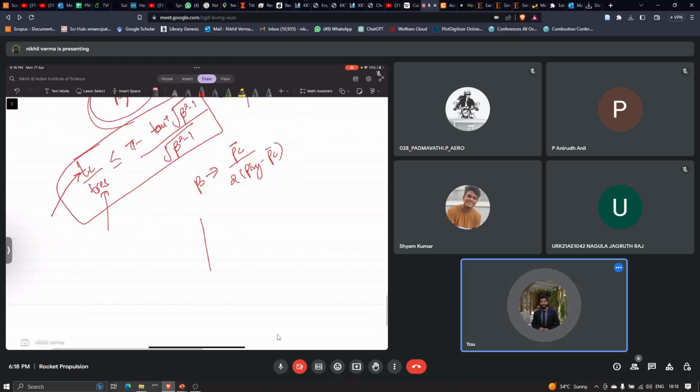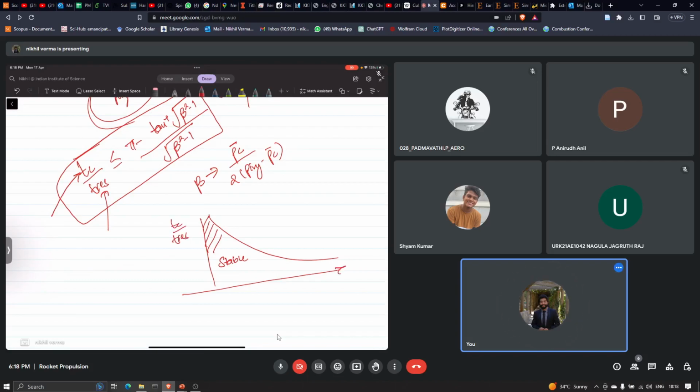So we have a plot something like this: Tc by T residence against beta. For this curve, if we are below this point, we are stable, otherwise we are unstable, right?